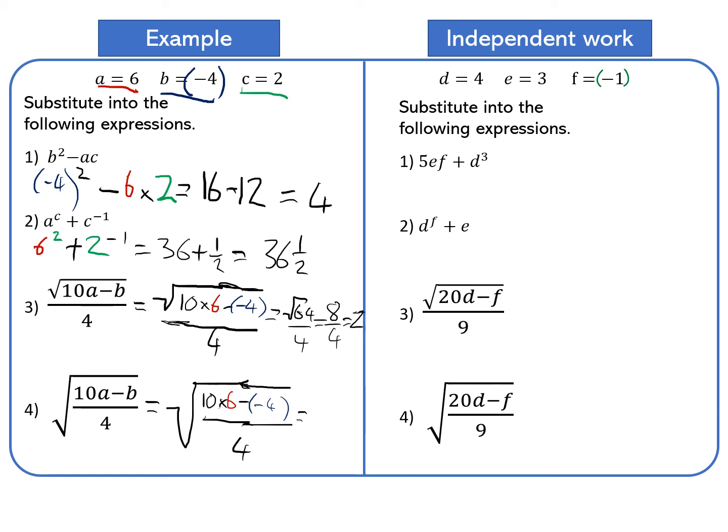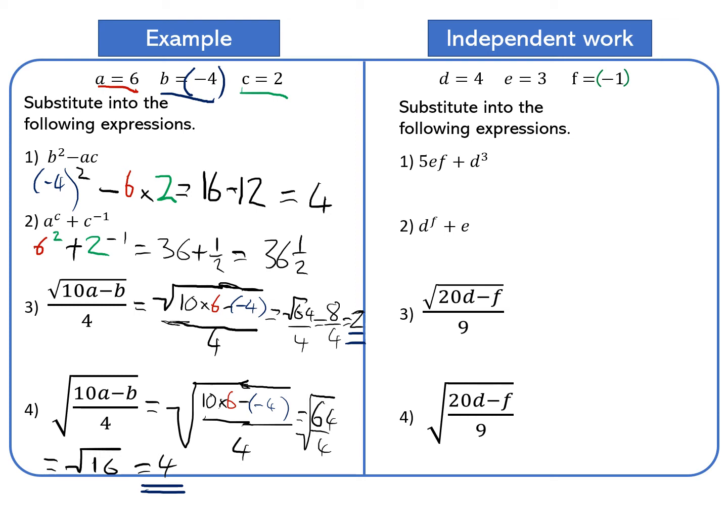Again, I'm going to end up with 64 divided by 4, but I've got to do the fraction first. 64 divided by 4 is 16, and then I've got to do the square root. I have to put it down here to give myself some room. It's going to be square root of 16, which is 4, and that is my answer. 2 was my answer for this question.